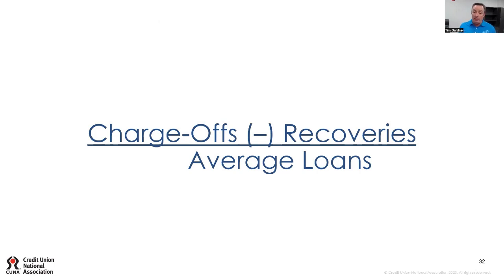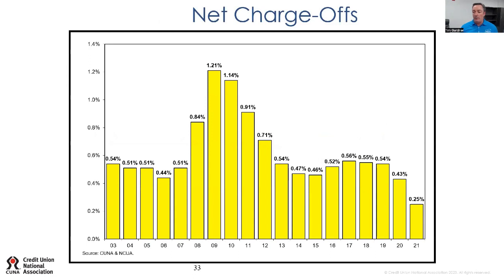It's not going to happen very much at all, and it's not a trend you're going to see. But when you see an anomaly like that, that would definitely be something you would want to explain in the project. And this is what the charge-off trend has been for us in credit unions.